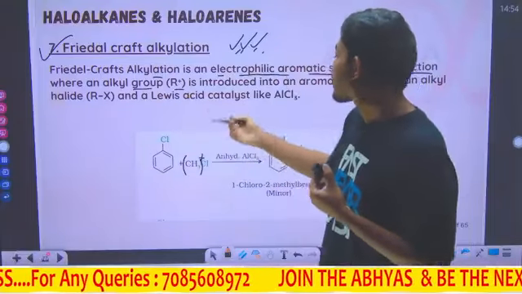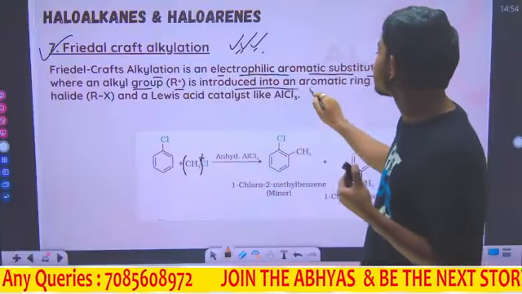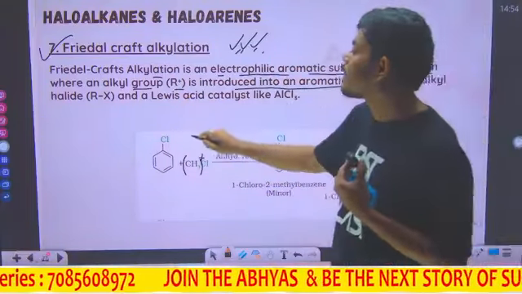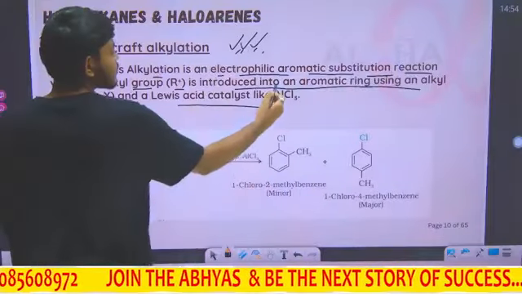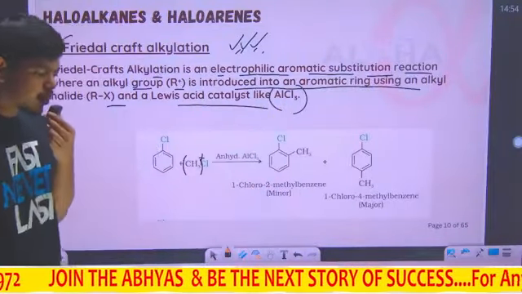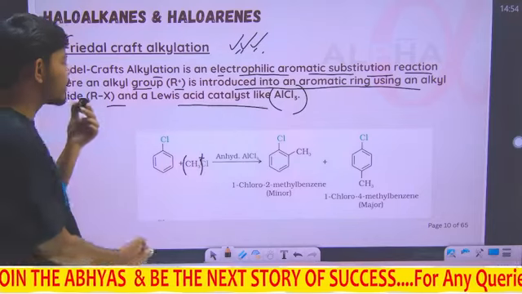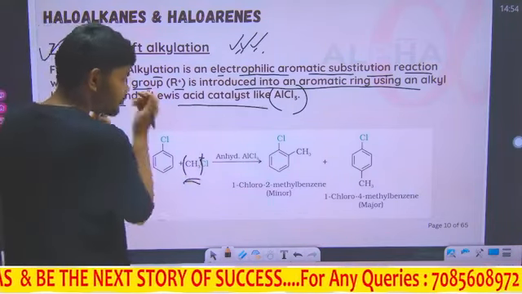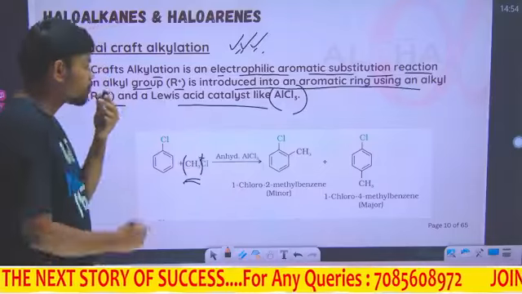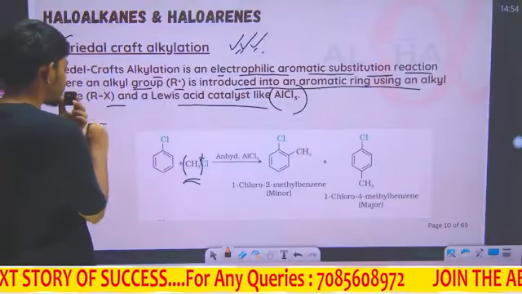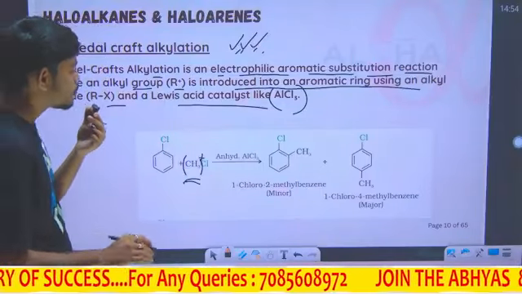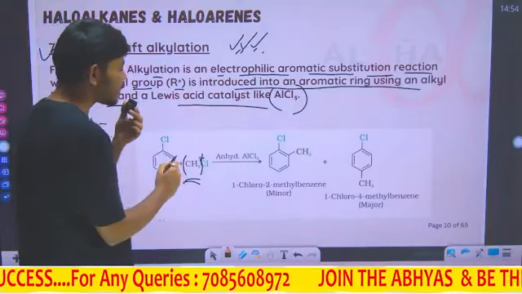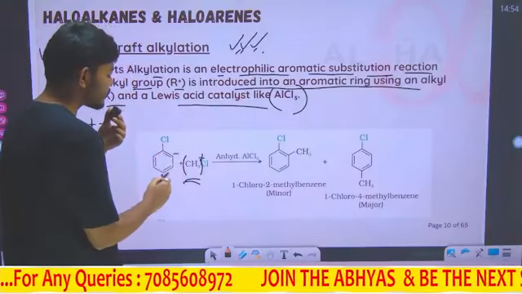For an alkyl group, R plus is introduced into an aromatic ring using an alkyl halide, RX, and a Lewis acid catalyst, AlCl3. Same catalyst we'll be using in all the reactions, anhydrous AlCl3. So this is your electrophile. You know plus attracts minus. Though chlorine deactivates the ring, it creates resonance where we get minus charge here, here, and here.